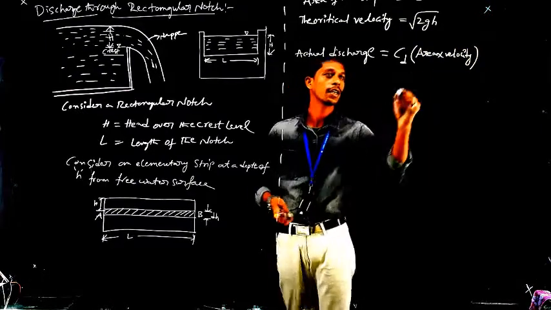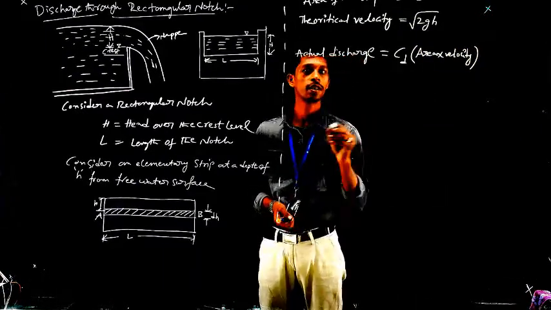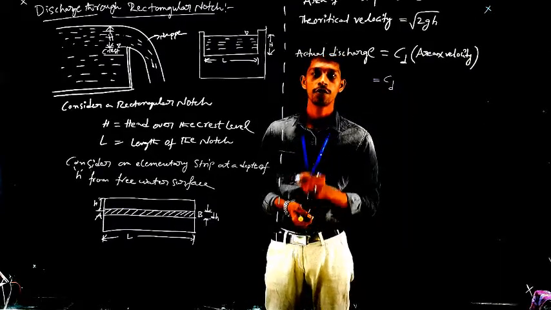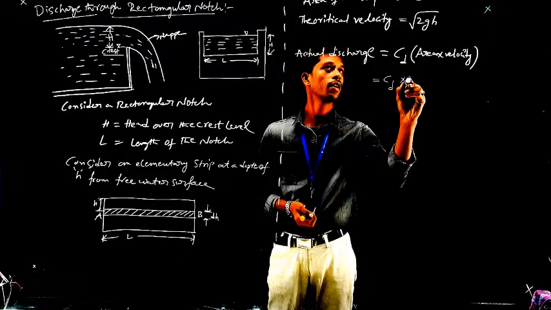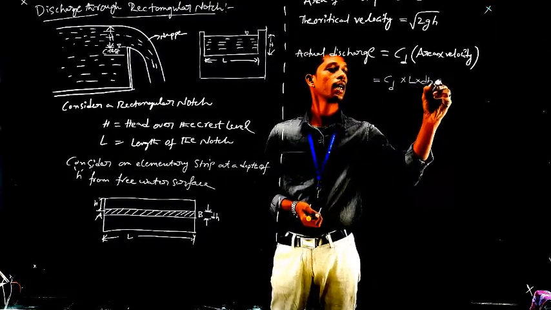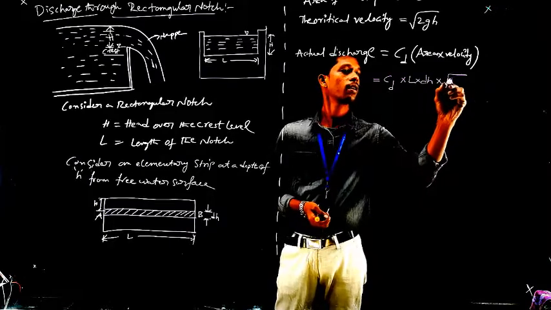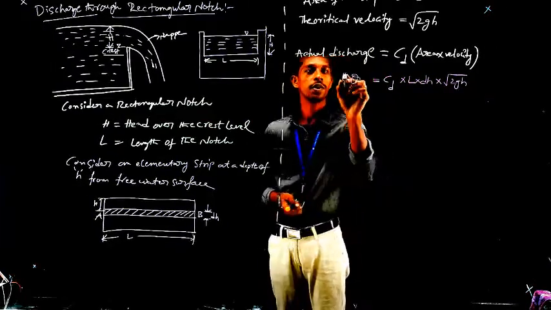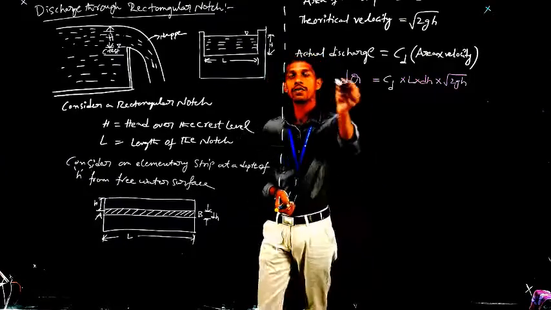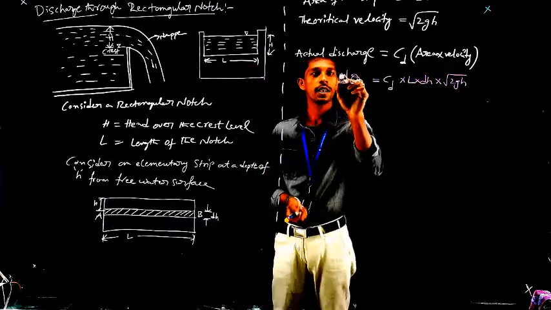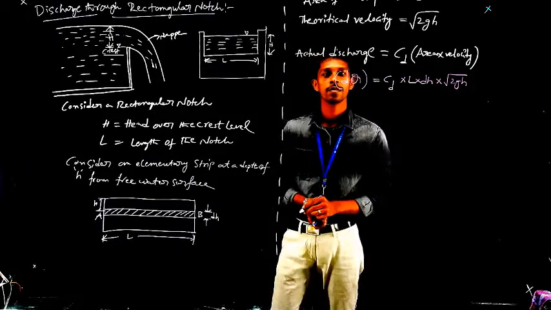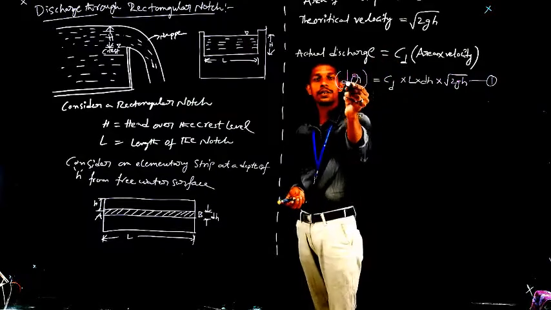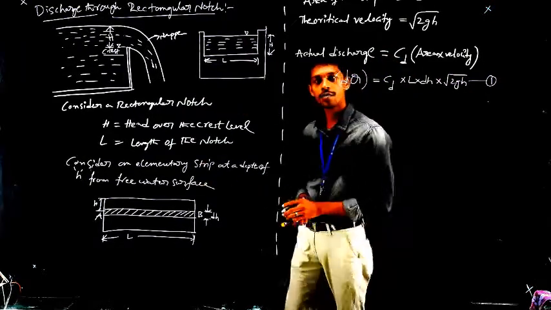Multiplied by CD, you will get the actual discharge. So substitute the values. CD is called as coefficient of discharge, area will be L into dh and theoretical velocity will be root 2gh. This is the expression for discharge for this elementary strip, denoted by dQ.